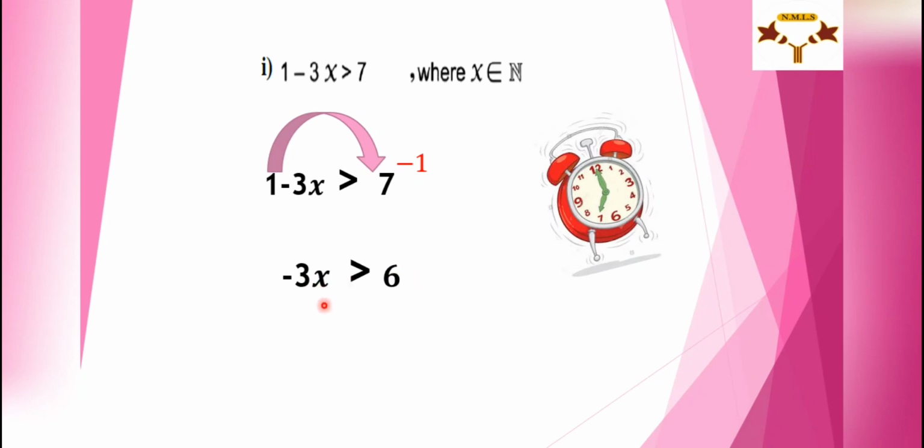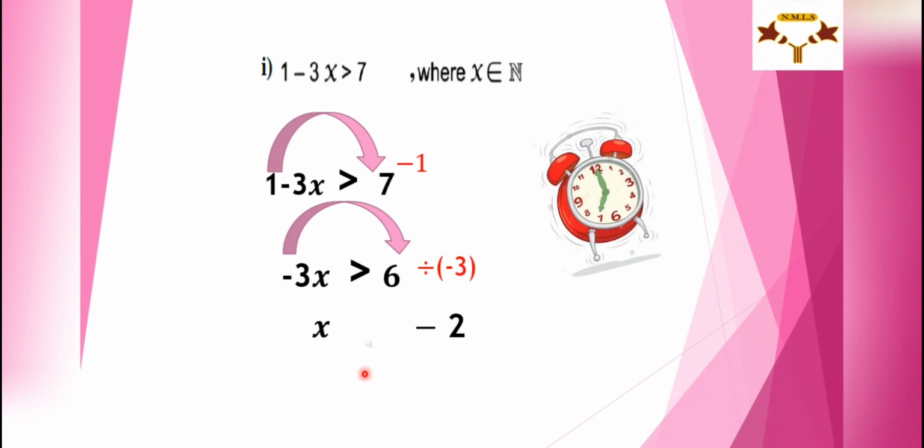So I will divide this side by negative 3 and divide this side by negative 3. So I will divide both sides by a negative integer. So this is an alarm. Yes. So what we will do here: negative 3 will cross to the other side by dividing by negative 3. So I will divide by a negative number.